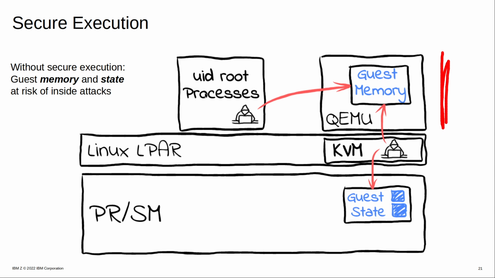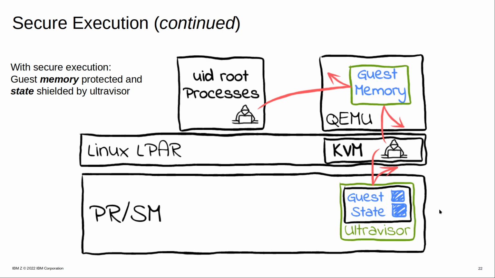Likewise, other processes which, for whatever reason, some kind of compromise, for instance, managed to gain root privileges. So in both cases, this guest memory would be at risk. Likewise, some of the guest state is available down here inside Prism. And again, somebody could try an attack based on accessing or manipulating the guest state with the same result.